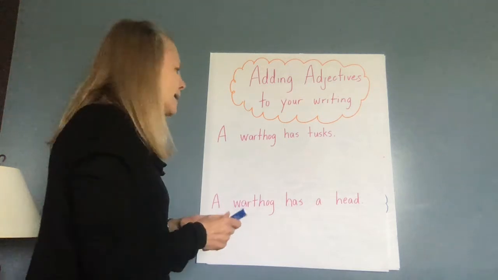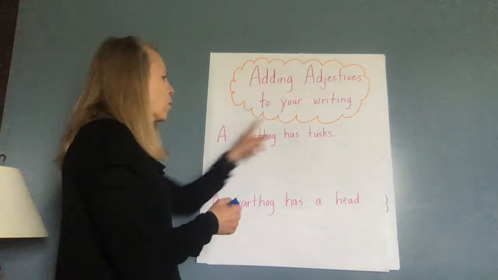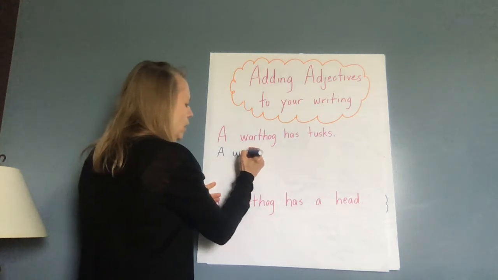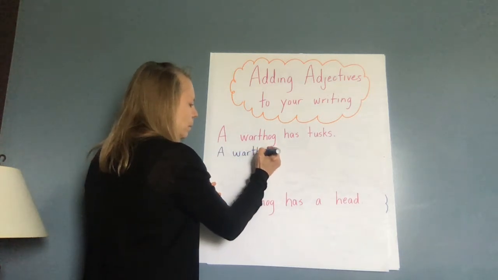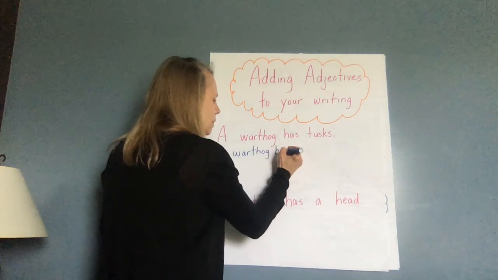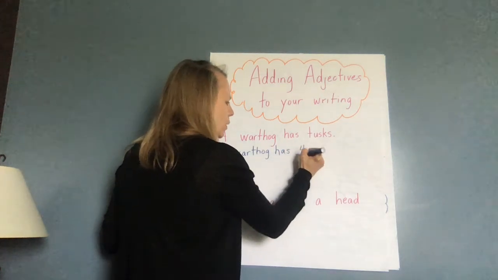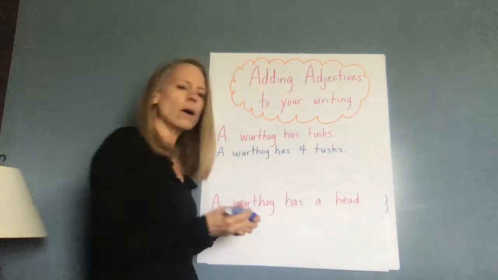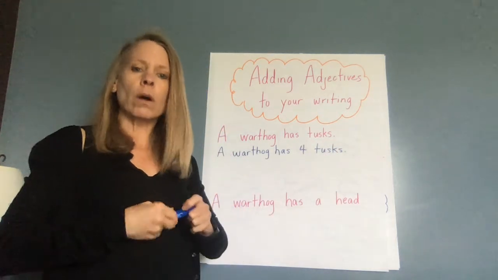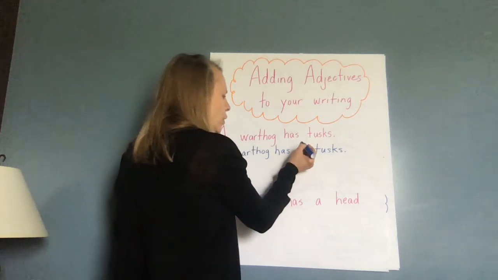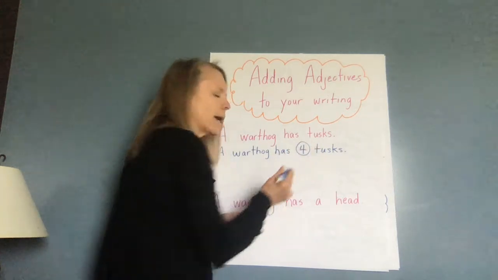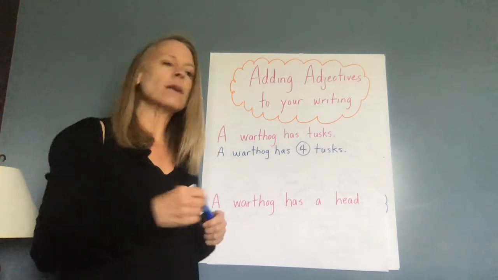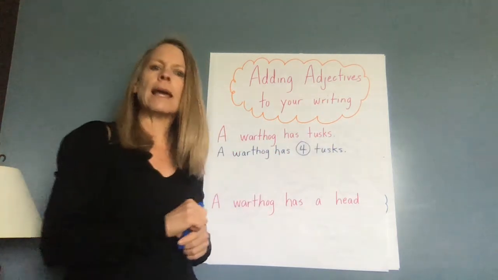Instead of just saying a warthog has tusks, I can say a warthog has 4 tusks. And that helps me know a little bit more because I've added this word four, and telling how many is an adjective because it tells me how many tusks he had.